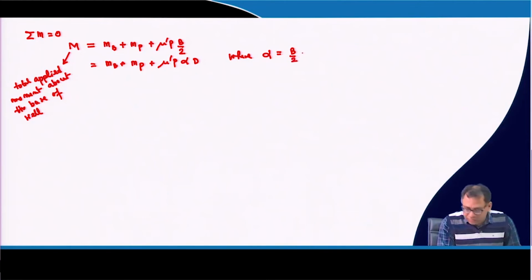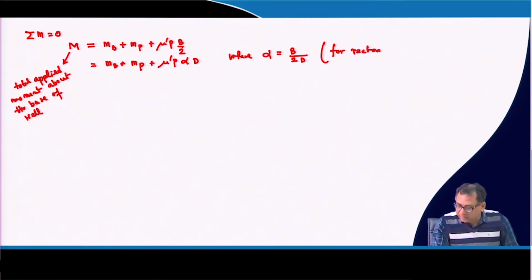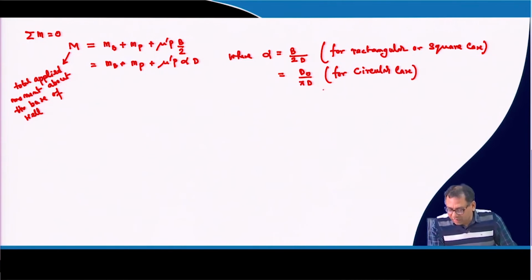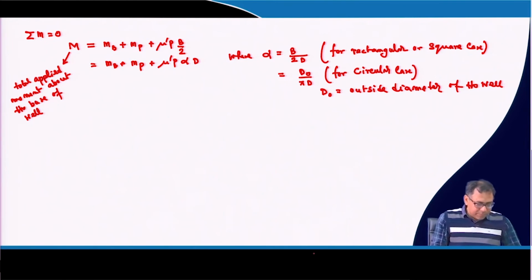So alpha is equal to b by 2D for the rectangular or square case, and this will be equal to D0 by pi D for the circular case, where D0 is the outside diameter of the well, and D is the depth of the well below the scour level.